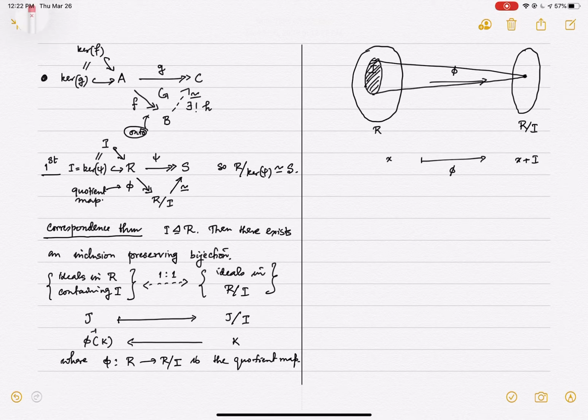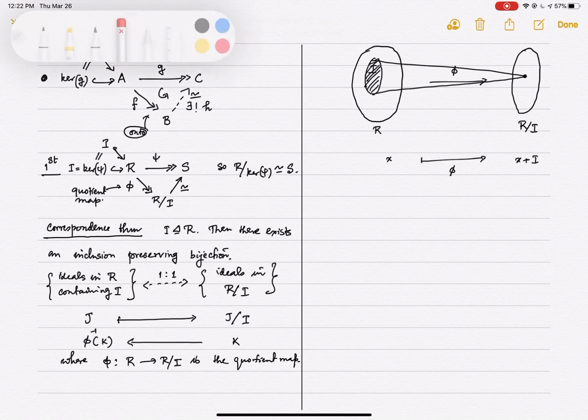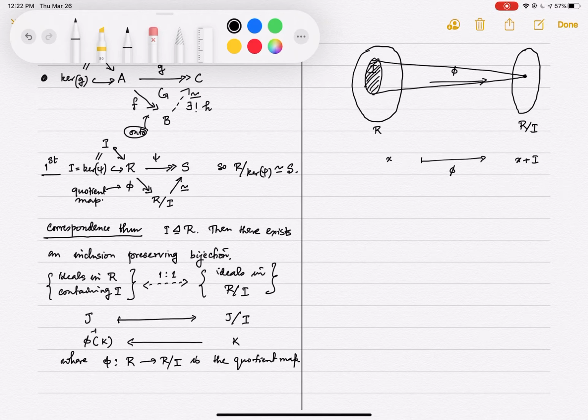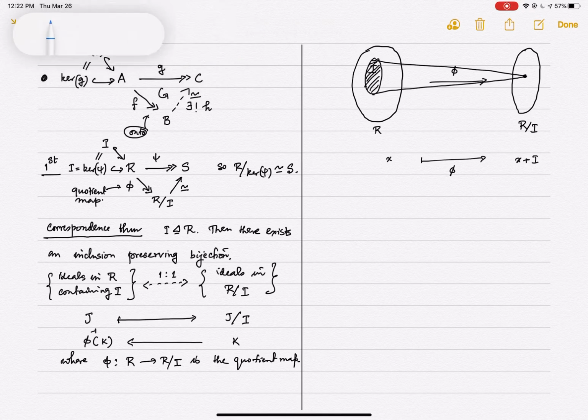What this is saying is that you do preserve the structure outside the ideal. If you give me an ideal here, I can take its pre-image and it would give me an ideal containing I. If you give me an ideal here, I can take its image and I'll get an ideal here.